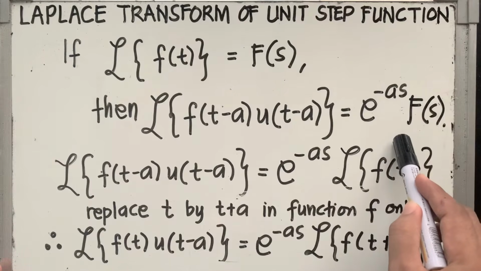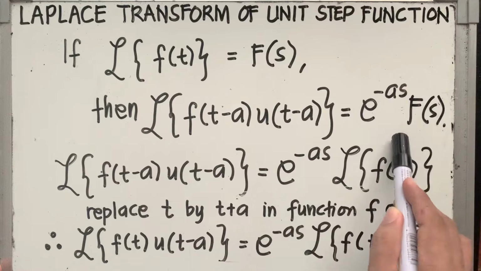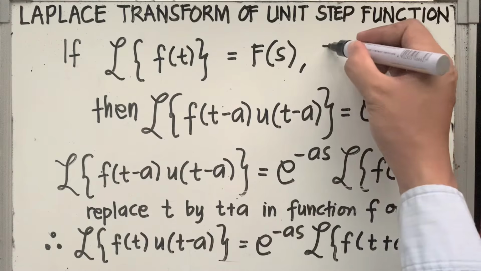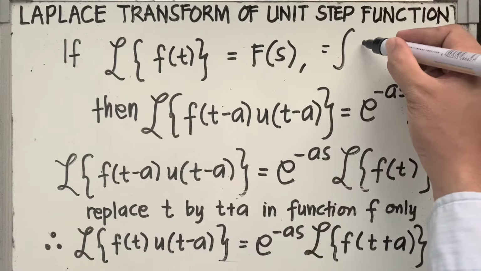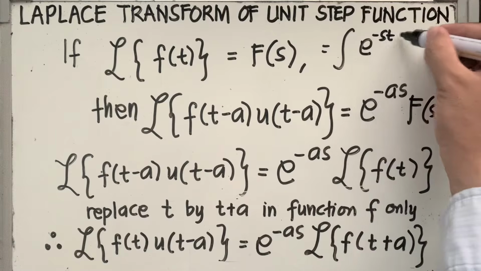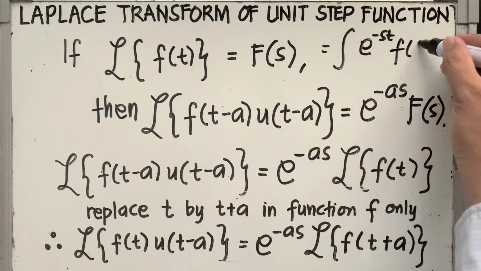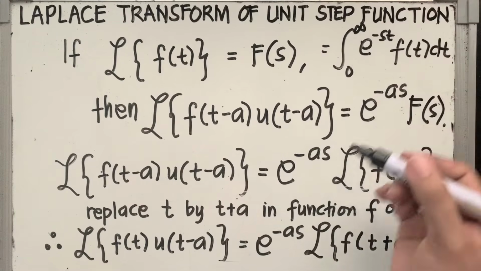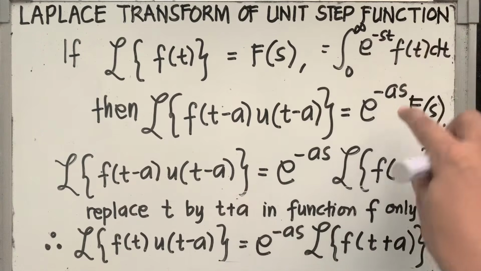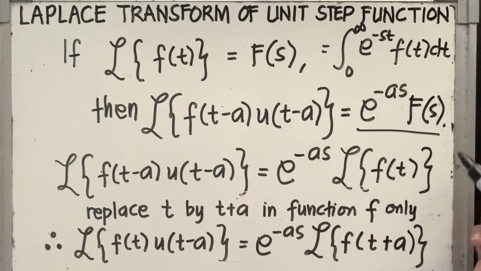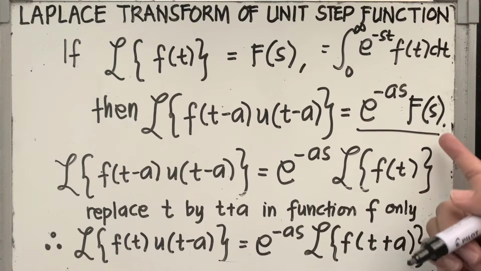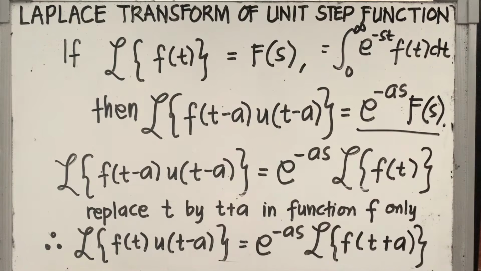Okay, so this equation here is derived using the definition of the Laplace transform. And what is that? The integral of e raised to negative s t, the kernel function, times the f of t dt with limits from 0 to infinity. So if you use that to determine the Laplace transform of the unit step function, it will give us e raised to negative as in our answer. So basically, that's the formula that we are going to use.